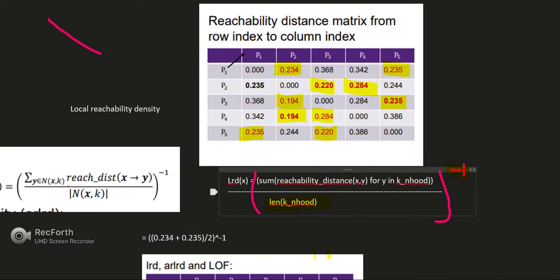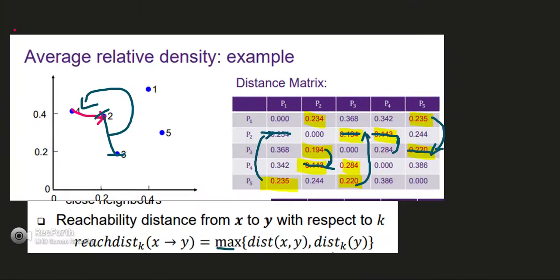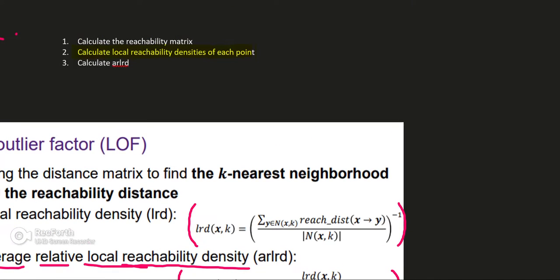Local reachability density is just the average reachability distance in the neighborhood, and the ARLRD is just the comparison of your density to the average density in the neighborhood.